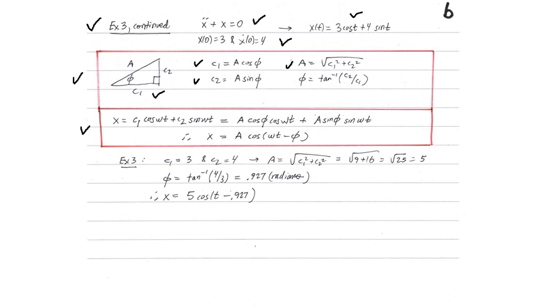Going back the other way, the amplitude is going to be the square root of C1 squared plus C2 squared, and the phase angle is going to be the inverse tangent of C2 over C1.